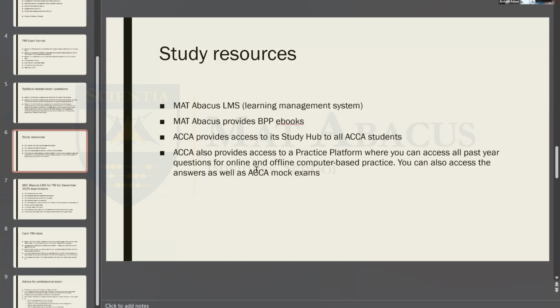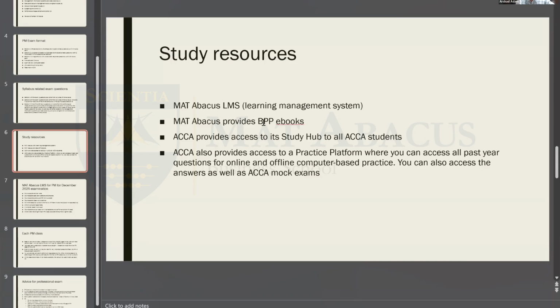So what we give you in terms of study resources: at MAT Abacus, I specifically use the MAT Abacus learning management system extensively. I'll show you immediately after we finish this slide.